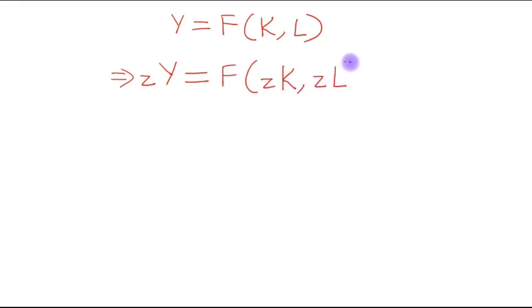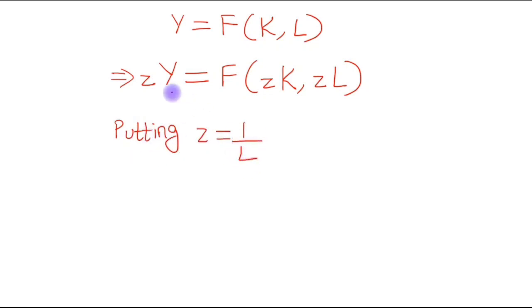Now to convert this production function into per worker terms, we will set z equal to 1 by L, putting z equal to 1 upon labor force.